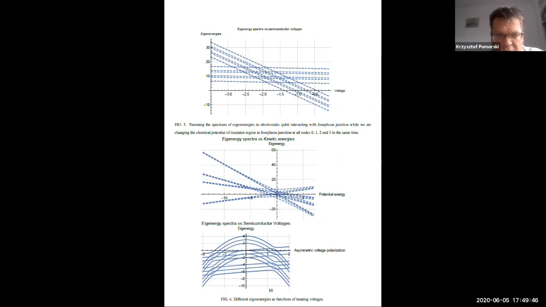And then you can also tune the eigenenergy spectra in the way that you introduce asymmetric voltages in a Josephson junction. Then also you can come across nice eigenenergy spectra of the system.